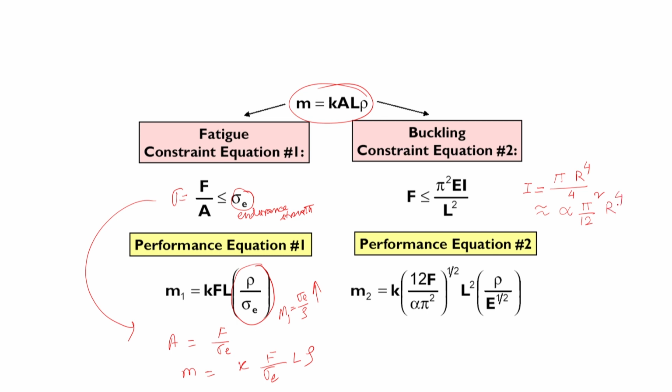So, alpha is a geometry factor of the rod. Substitute it in this equation, carry out exactly what we have done earlier, and you will come up with rho over square root of E, which means M2 in this case is E to the power half over rho, which you need to maximize. So, in one case sigma E over rho, in another case E to the power half over rho.